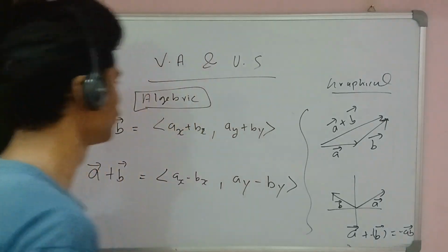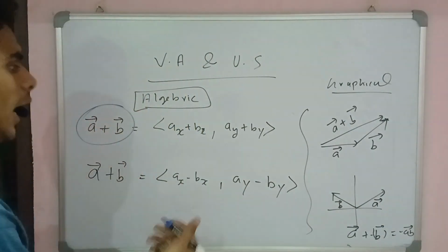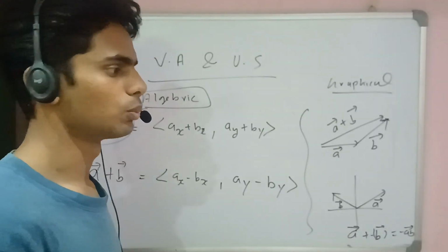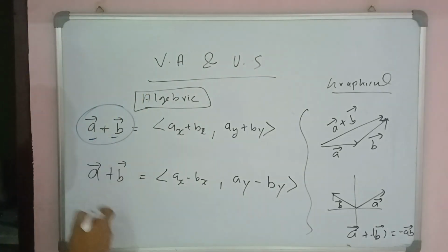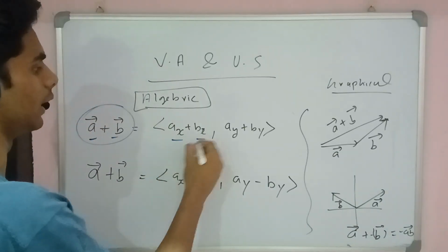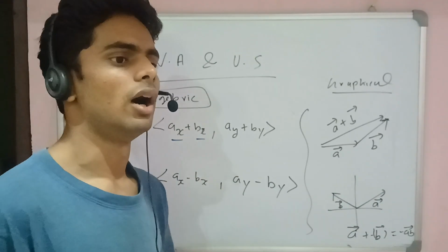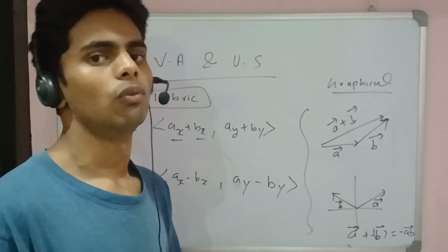Okay, so in the case of the algebraic method, suppose you want to add the two vectors a and b. You add both vectors component-wise: the x component of one vector is added to the x component of the other, and y with y.